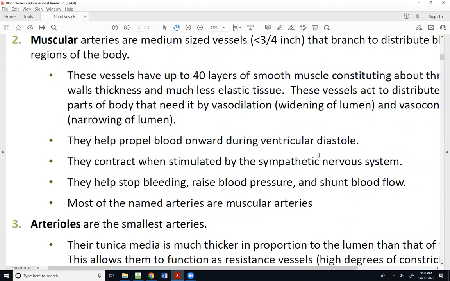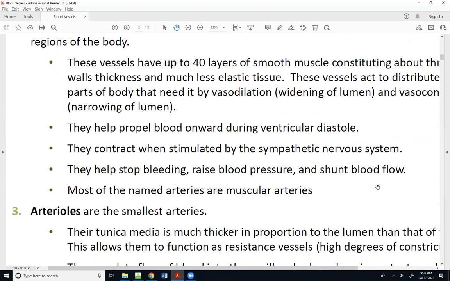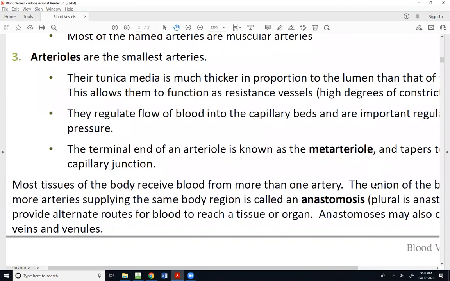Your textbook actually classifies them as one of the major types of blood vessels in the body, but to me, it makes sense to say that there's three majors, because arterioles are a type of artery. We have a bunch of them though, so that's why the textbook throws them in as their own category.